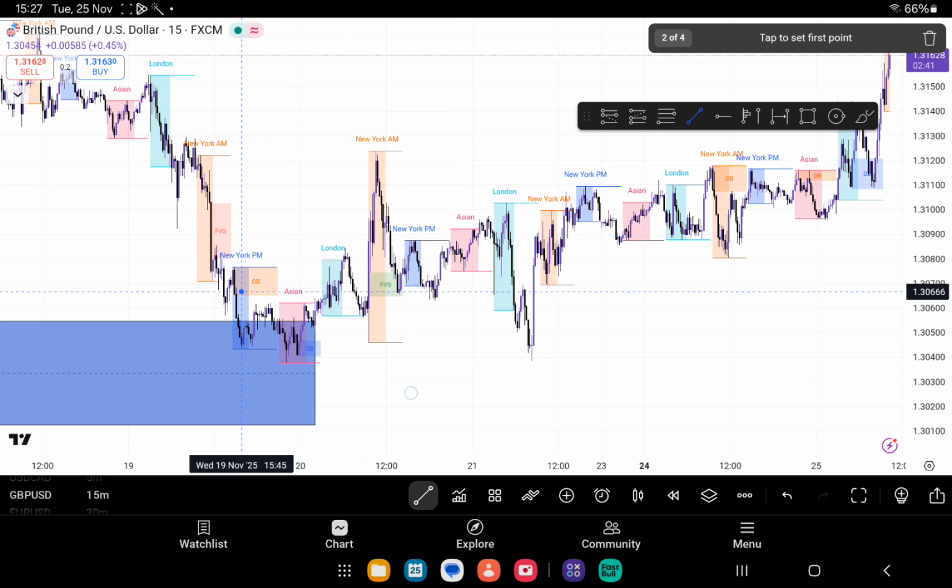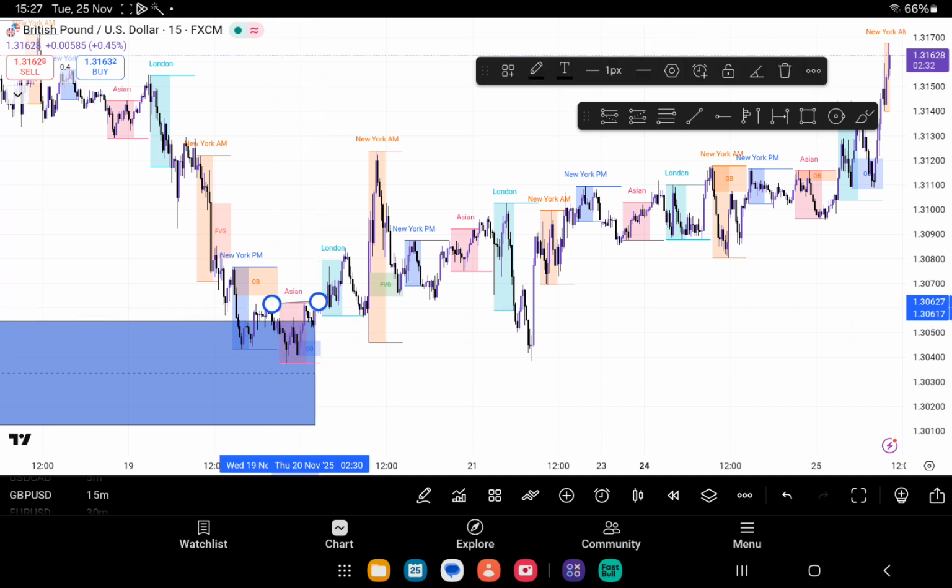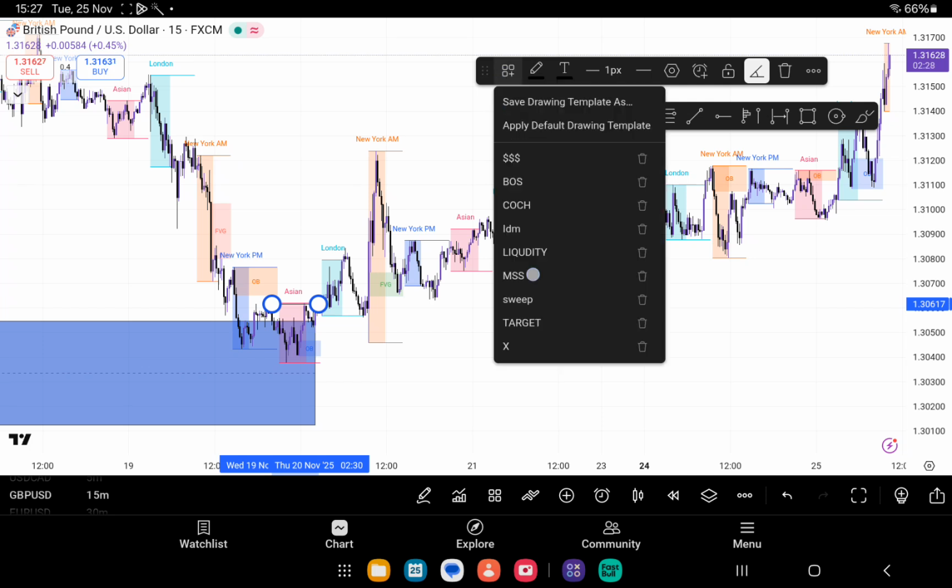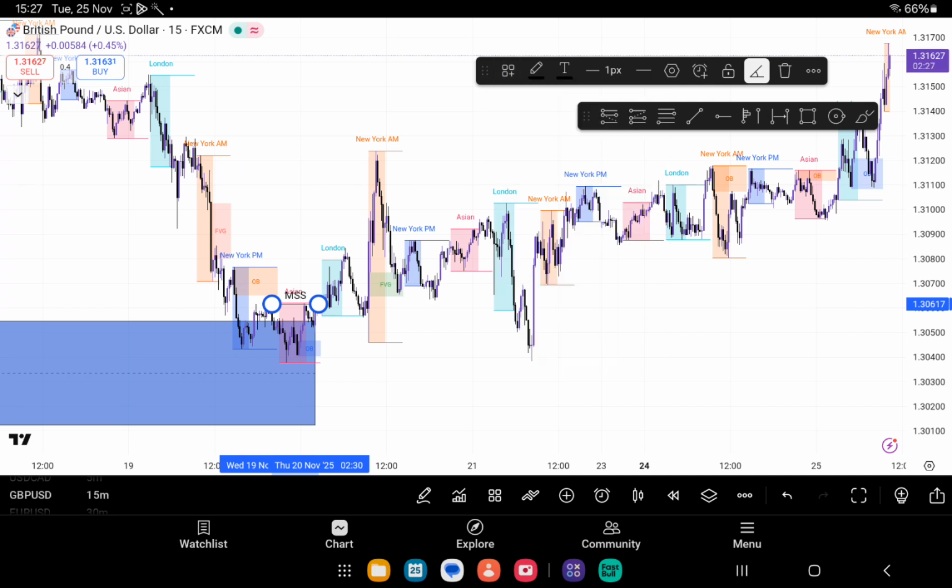Market came down. What do we have here? We have a market structure shift over here. Why are we picking this market structure shift? Market structure shifts have been happening for a very long time, but we didn't pick them. But why did we focus on this particular one?